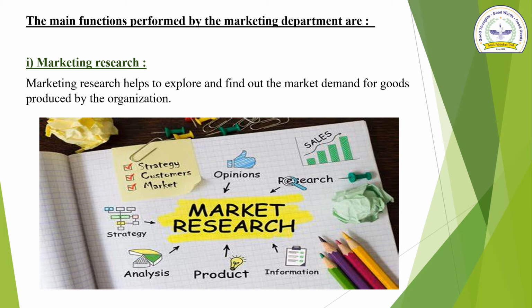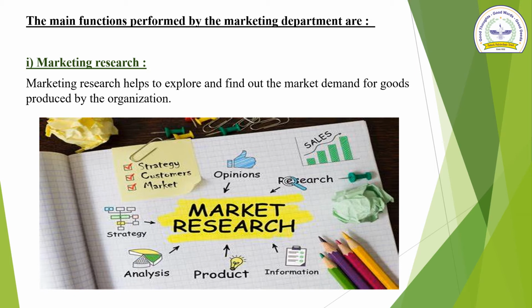By undertaking market research. Market research helps to explore and find out the market demand for goods produced by the organization. So before manufacturing any kind of goods and services, before launching any new product in the market, the first and foremost thing is to do market research.